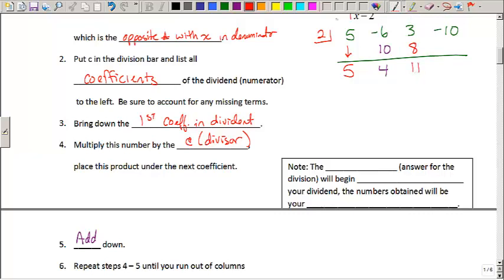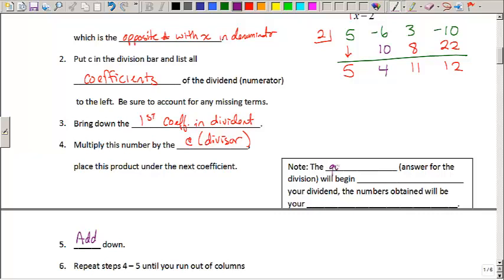Multiply 11 times 2 and get 22. Add down, you get 12. So really it's multiply, add, multiply, add, multiply, add. As long as you've set up the original divisor correctly, taking the opposite sign, using all the coefficients, all you have to do is multiply and then add down. Multiply the divisor, then add down, so on and so forth.